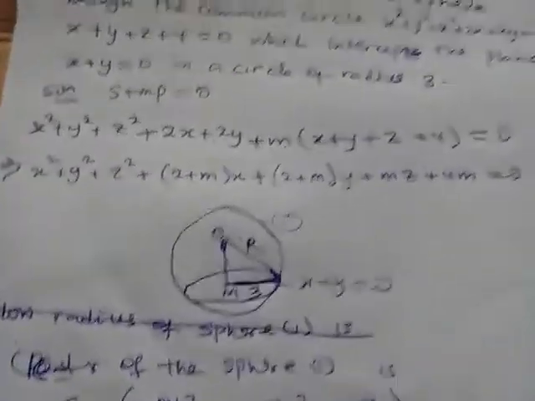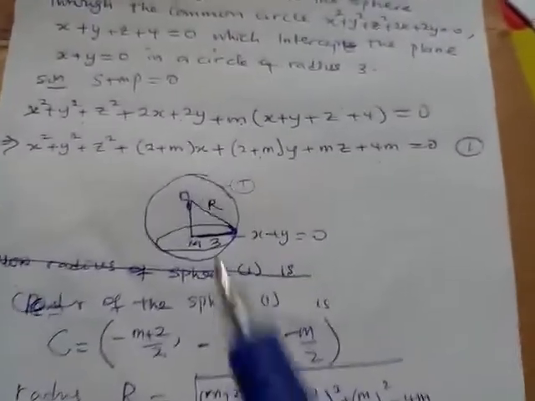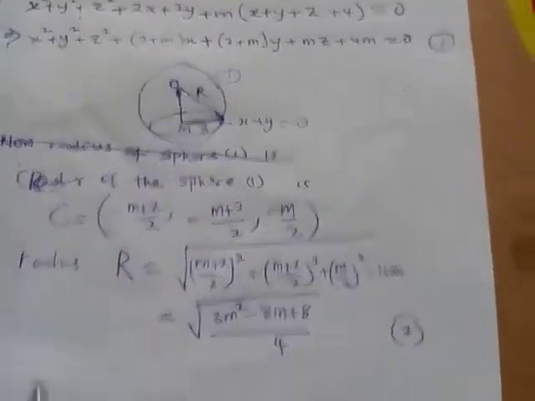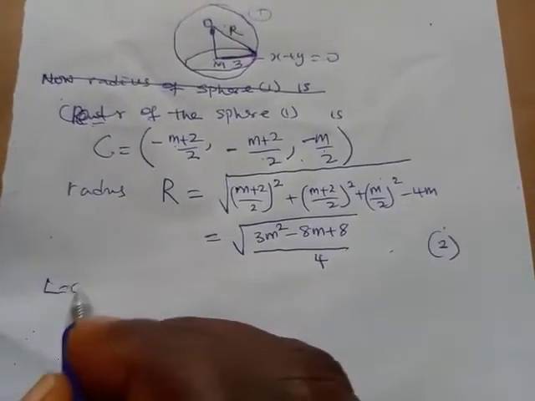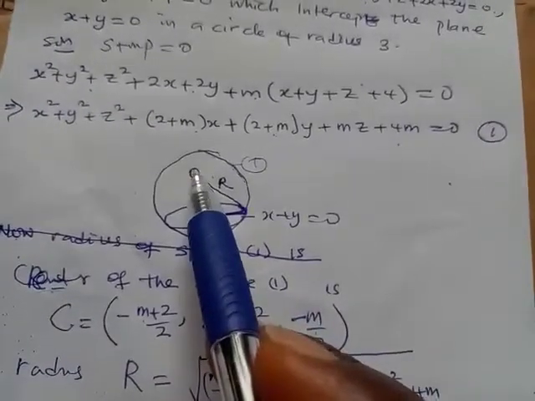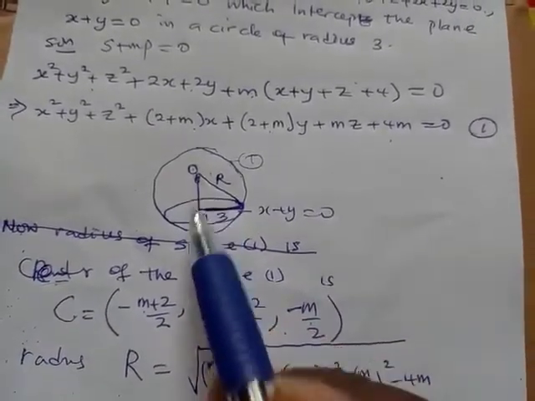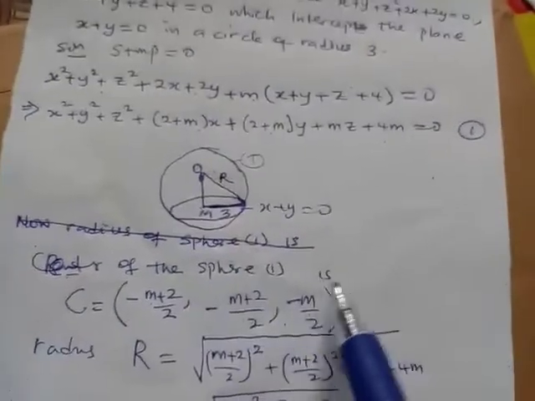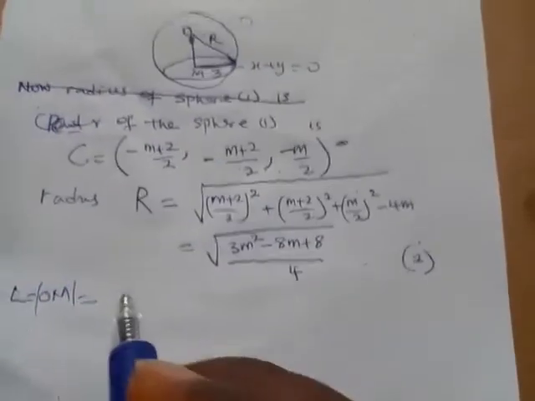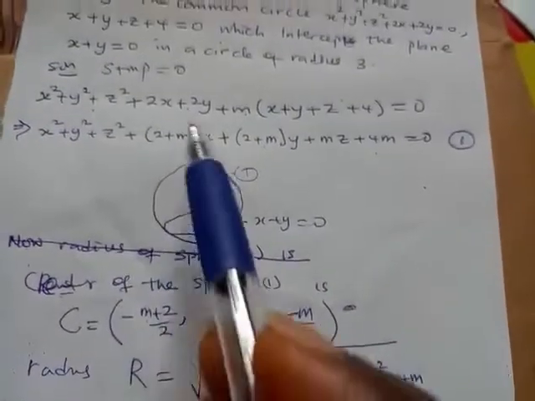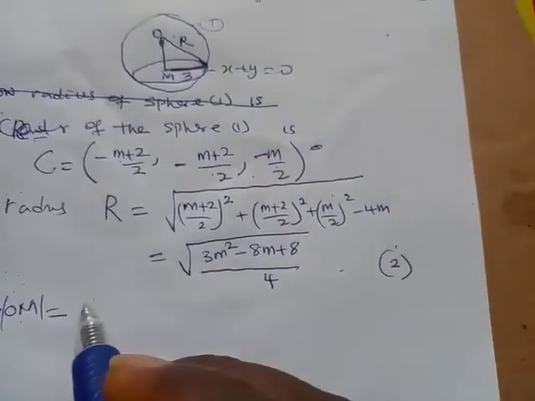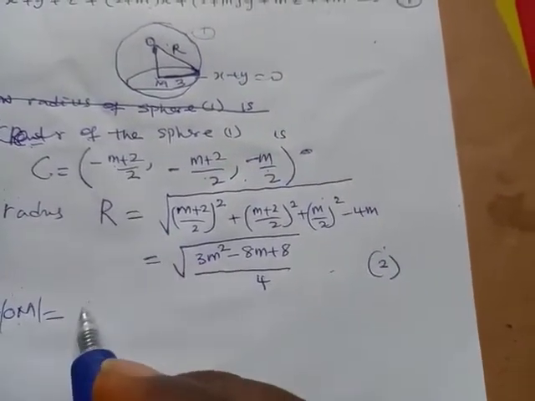The next thing now is we need to find this distance OM, and we know that OM is the same thing as L. OM is the length of this line from the center of this sphere to this plane. And how do you get that? We need to substitute. This plane is x plus y equal to 0. Then we substitute the center.